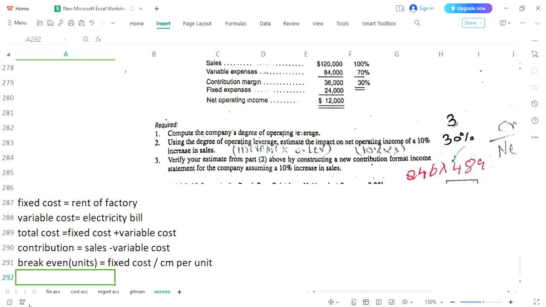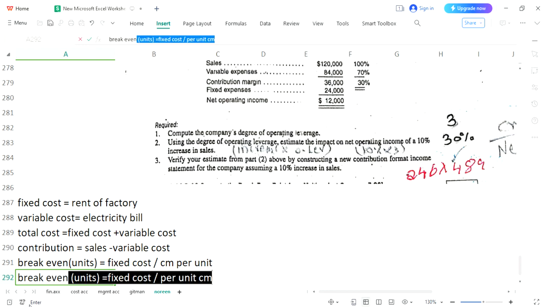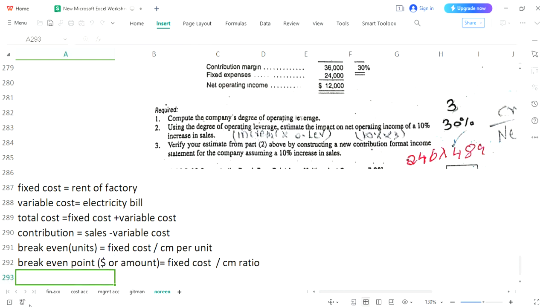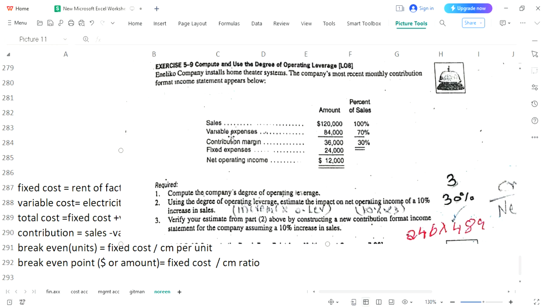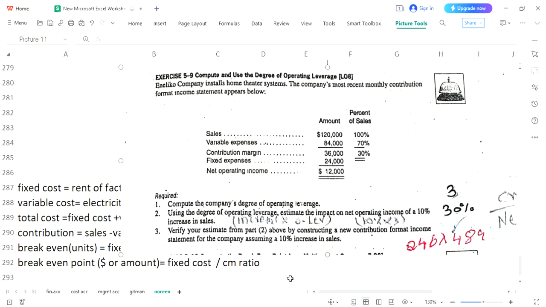In terms of dollars, you divide your fixed cost by the contribution margin ratio. So these are the points. I'm still saying please focus and practice these questions.